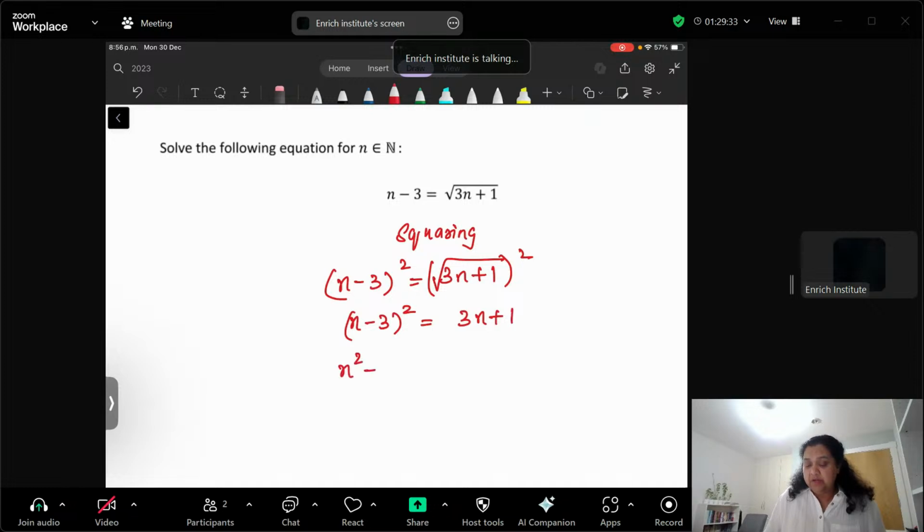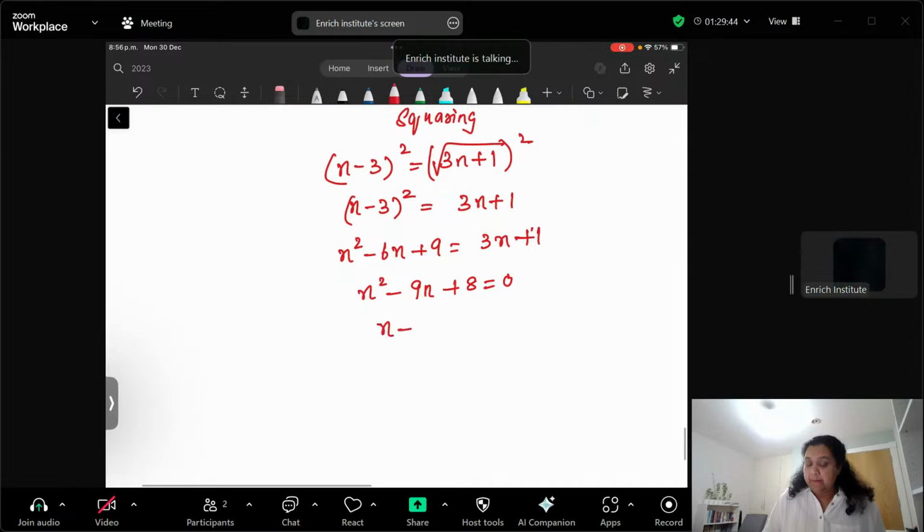So n square minus 6n plus 9 is equal to 3n plus 1, and then simplified, n square minus 9n plus 8 is equal to 0. (n minus 8)(n minus 1) is equal to 0, n is equal to 8, n is equal to 1.